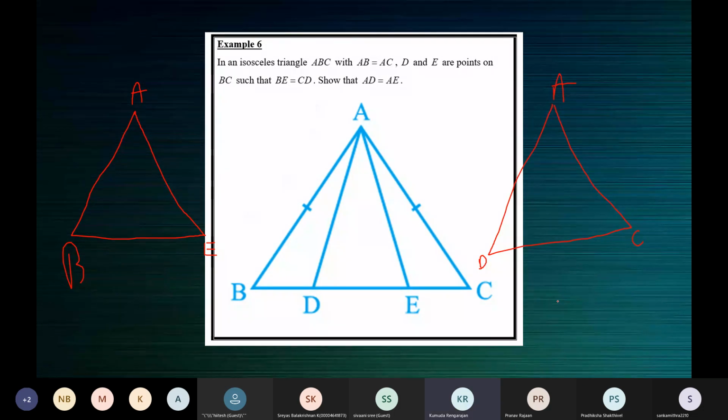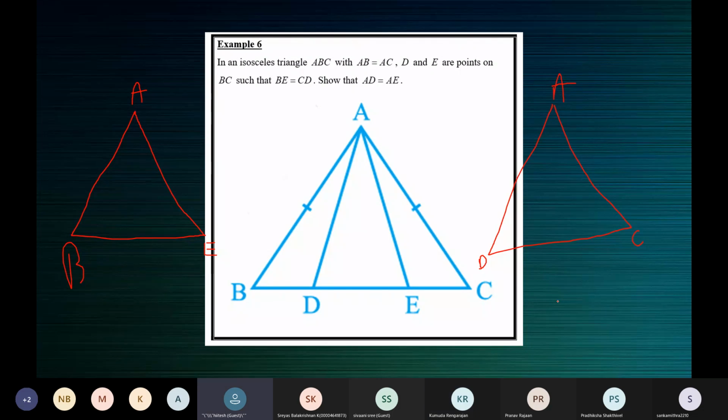You can take up the triangle ABE because it has AE in it, and the triangle ADC which has AD in it. Now tell me the equalities here.